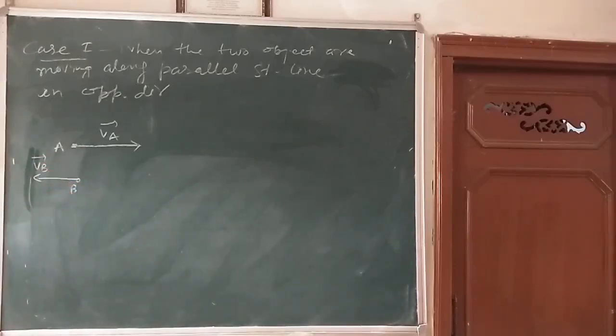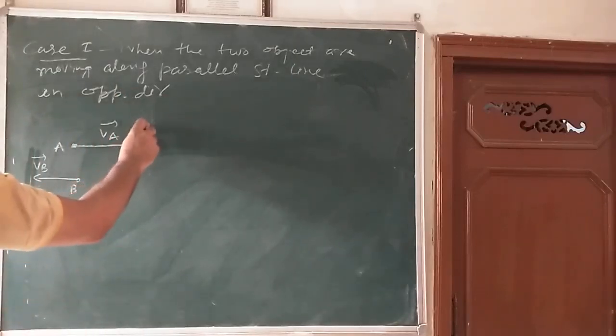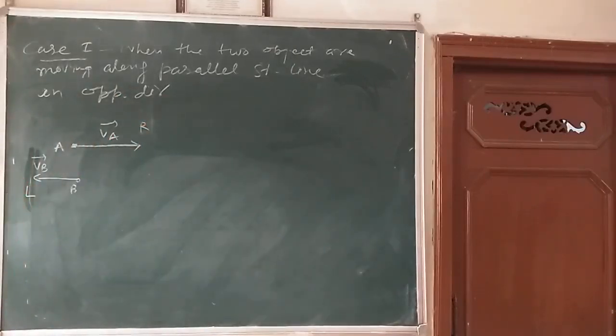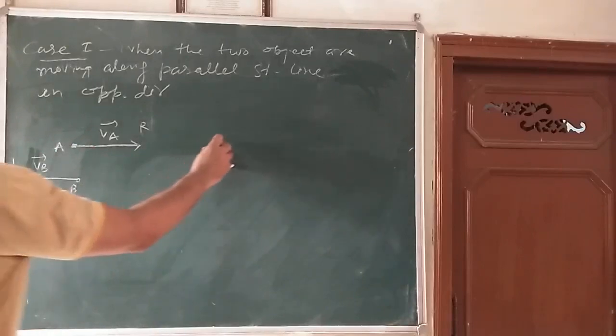See this. The object A is moving right and object B is moving towards left. It is towards right. It is towards left. To find the relative velocity of object A with respect to B, again I have to superimpose velocity minus VB in the opposite direction.